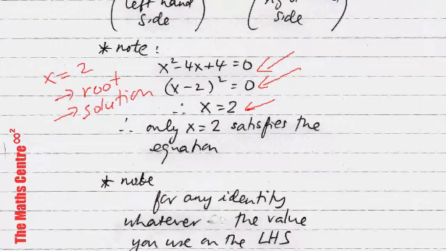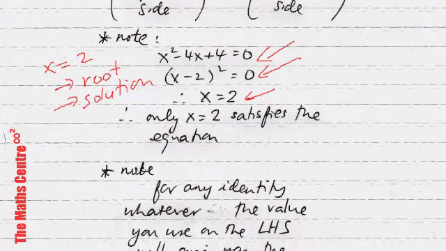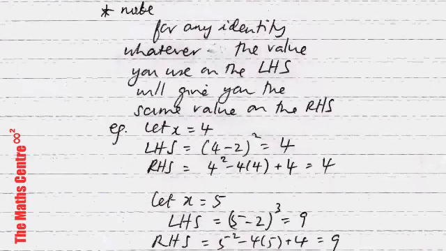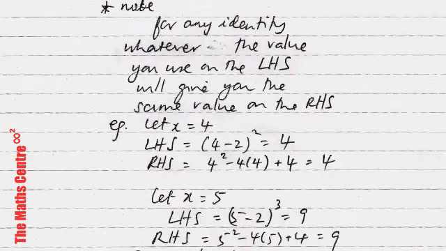Now let's look at identities. The identity that I gave you earlier, we'll look at it, and remember I said that for identities any value of x will satisfy an identity. We will use this idea quite a bit in our course. So let's just say we have x equals to 4. Just pick any value.